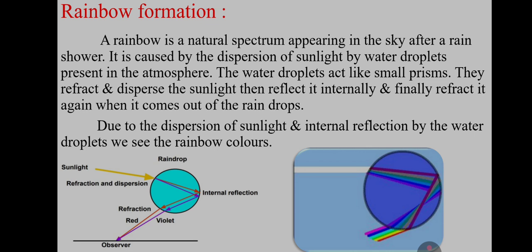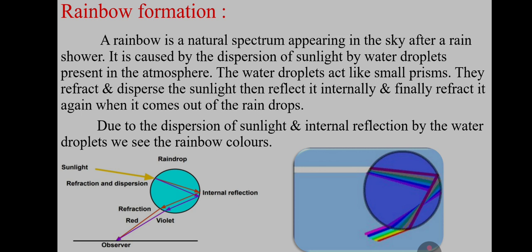As we all know, the rainbow is a natural spectrum appearing in the sky after the rain shower. Why is this rainbow caused? It is caused by the dispersion of sunlight by the water droplets that are present in the atmosphere. The water droplets here act like small prisms.